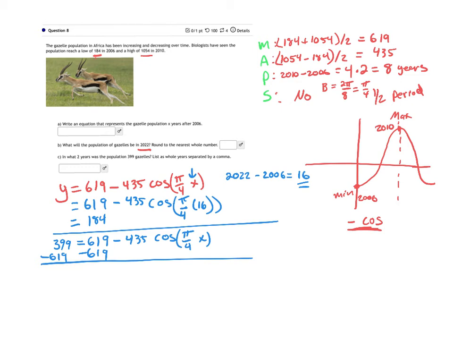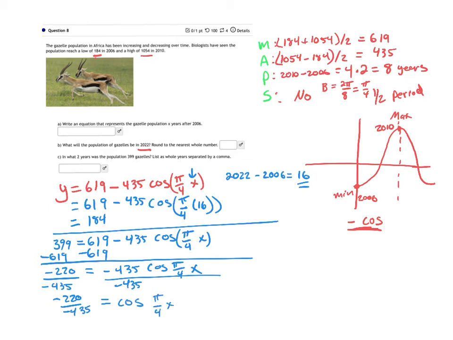So that's going to give me a negative 220 is equal to a negative 435 times the cosine of pi over 4x. Divide by negative 435, and we end up with negative 220 over negative 435 is equal to the cosine of pi over 4x.